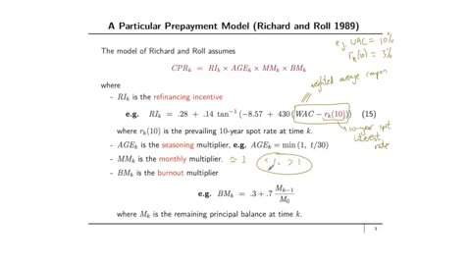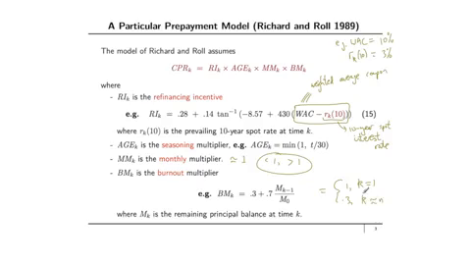And then BMK is what's called the burnout multiplier. So for example, in this case we could say BMK equals 0.3 plus 0.7 times N minus K over N minus 1. So for example, this is equal to 1 when K equals 1, and it's equal to 0.3 when K is approximately N, close to the end of the mortgage. And what this is reflecting is the following.